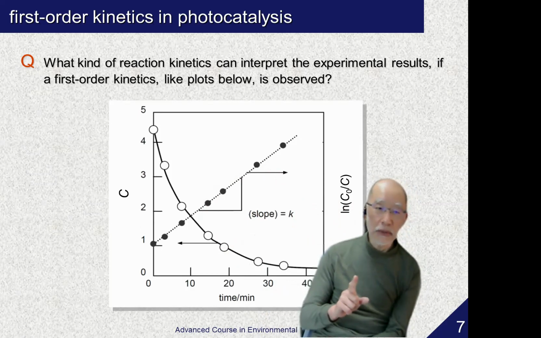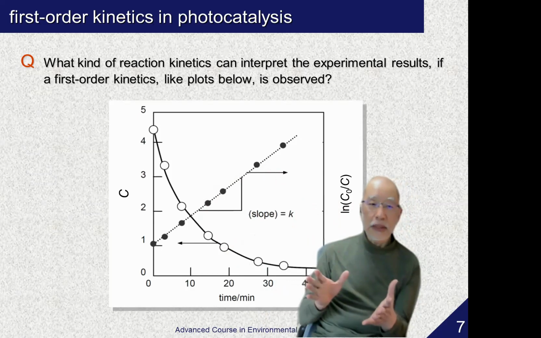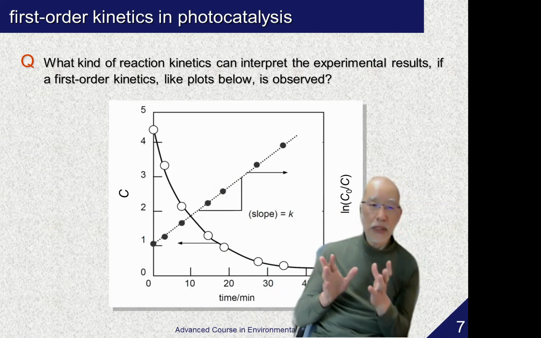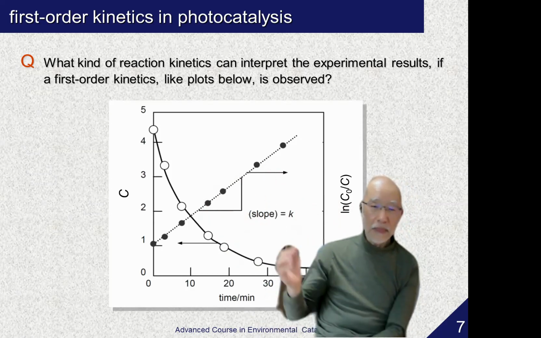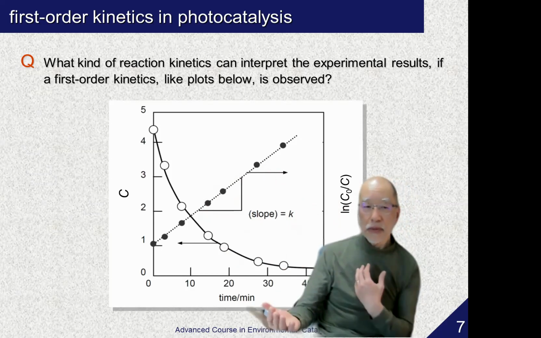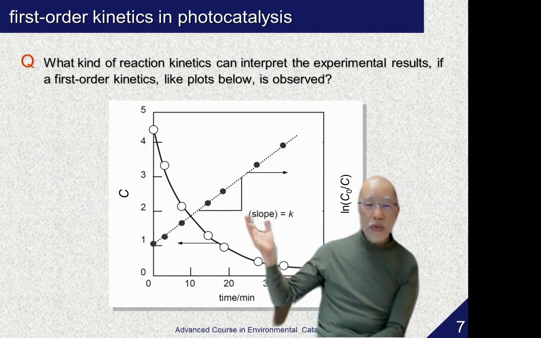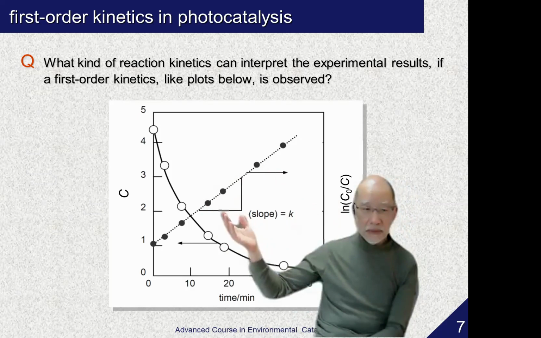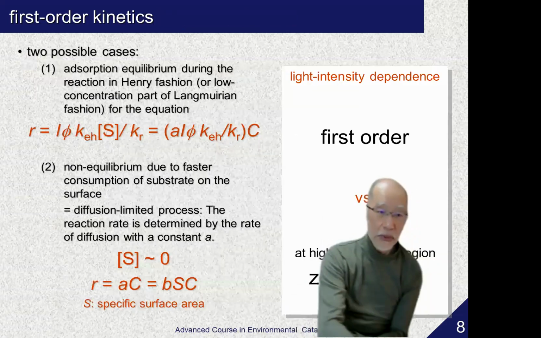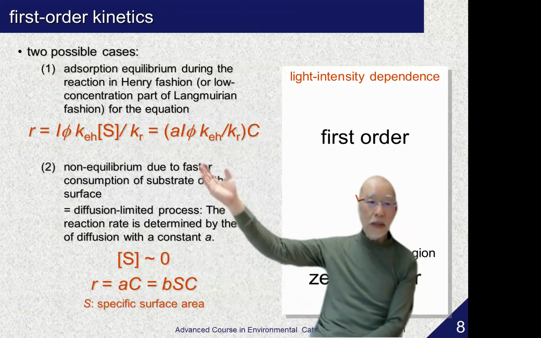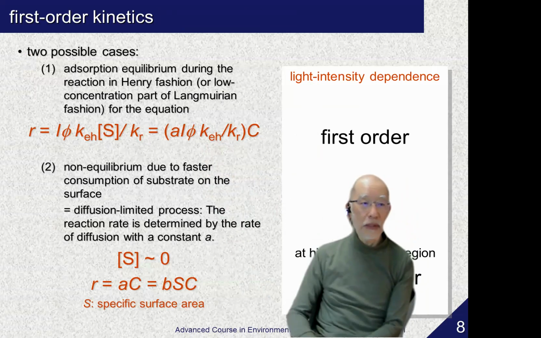Please understand, if the reaction rate obeys first order kinetics, this plot can be obtained. But the reversed relation does not hold: if you obtain this relation, it doesn't say that it is first order kinetics, as I told you before. There are two possible cases in photocatalysis.